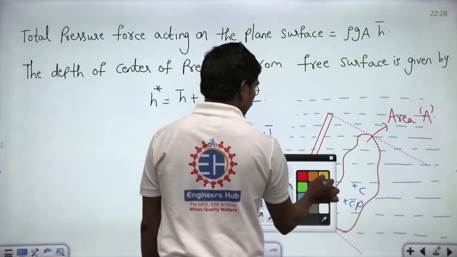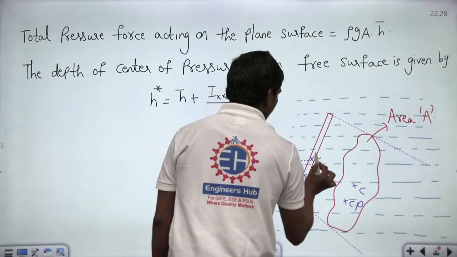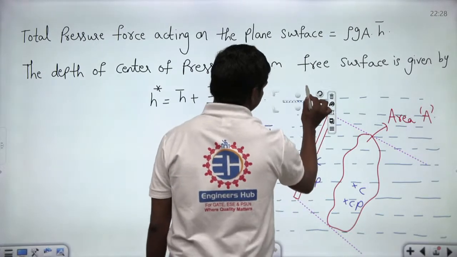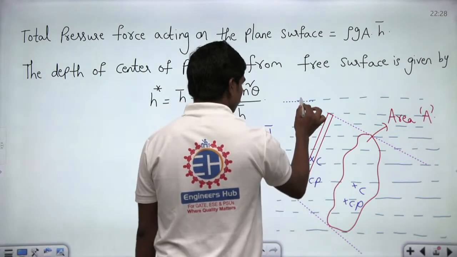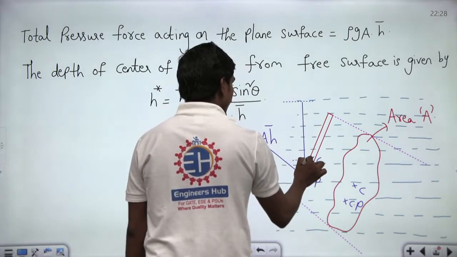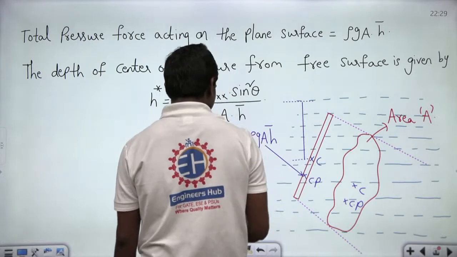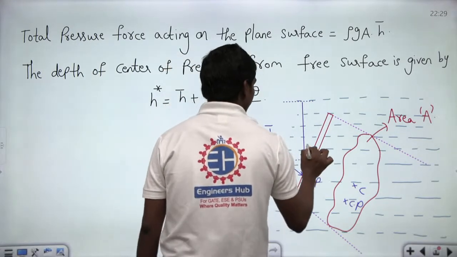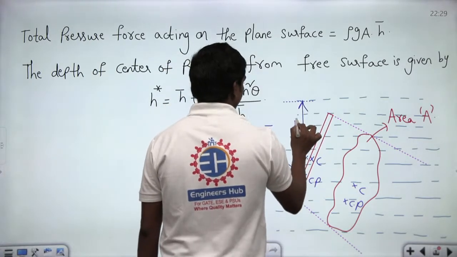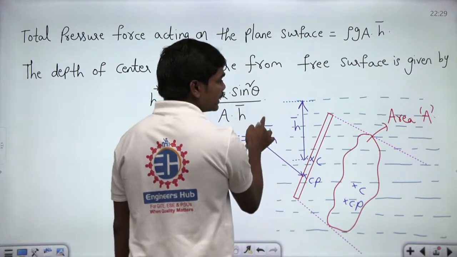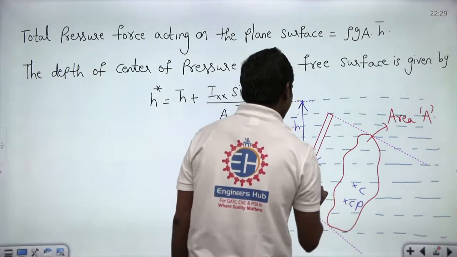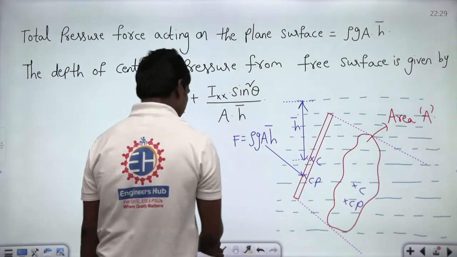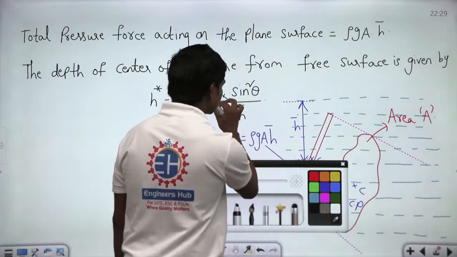This is your H bar, which is always measured from your free surface. Then rho g A times H bar, you know how to evaluate this. And if you want to identify the center of pressure location, then take this x axis.